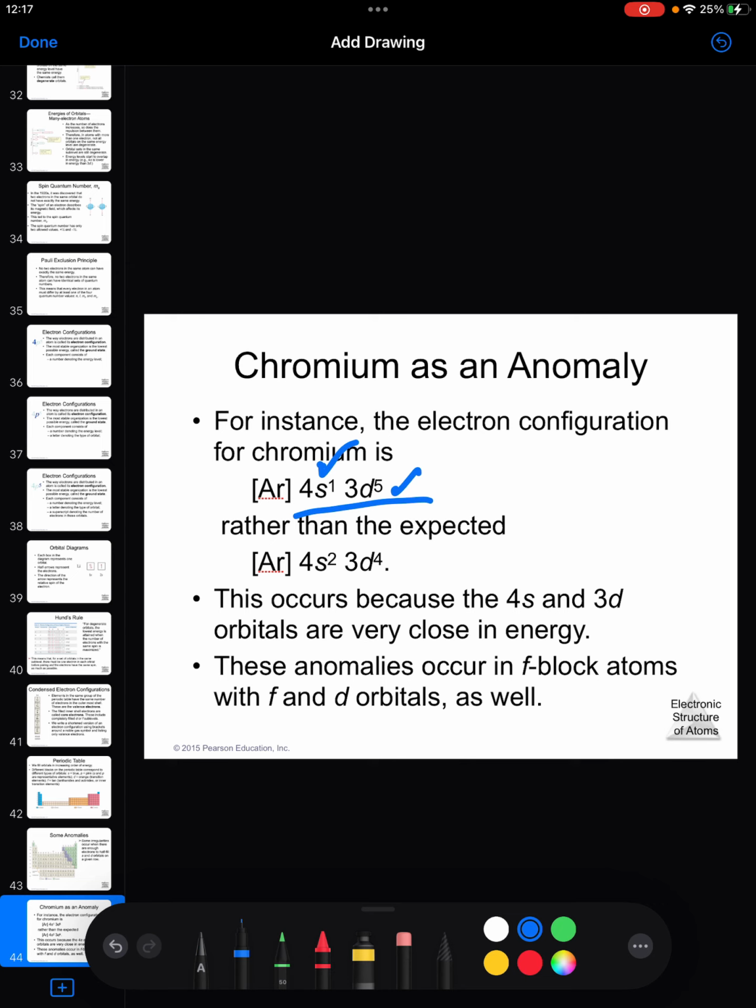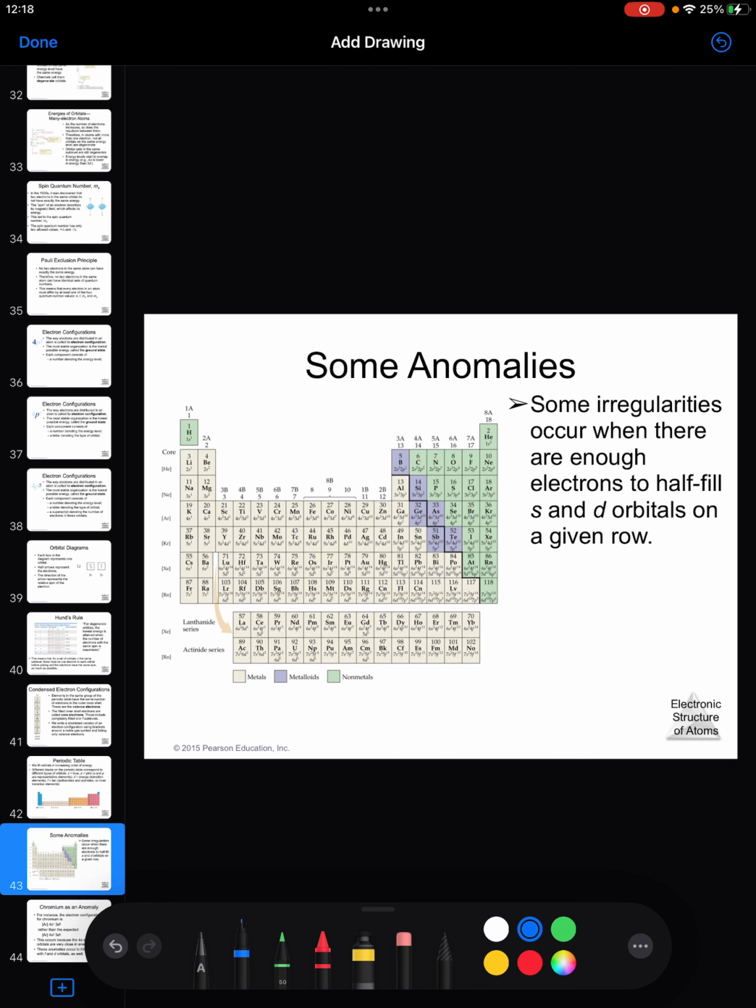If you want to know the truth, there are 20 different atoms that do not follow the filling rules, okay? So some anomalies, 20 out of 118, 15, 20%, that's a lot of exceptions to the rule.